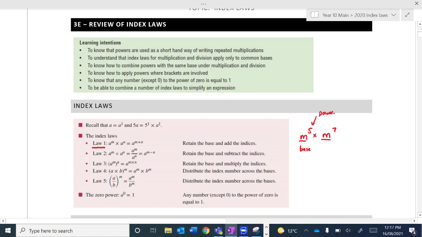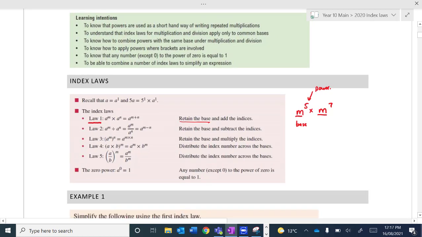Law one states that we retain the base and add the indices. We could also have numbers as a base.